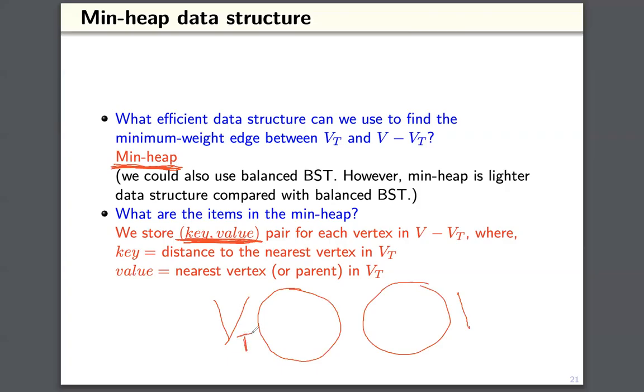Let's say VT, tree, right? Or, okay, let me just write it as T. Tree, this is tree. This is graph minus tree. And you have a lot of these edges between the tree and outside the tree, right?